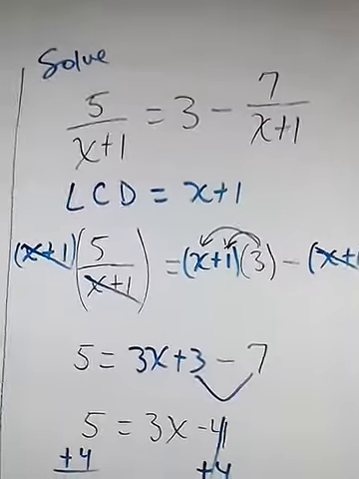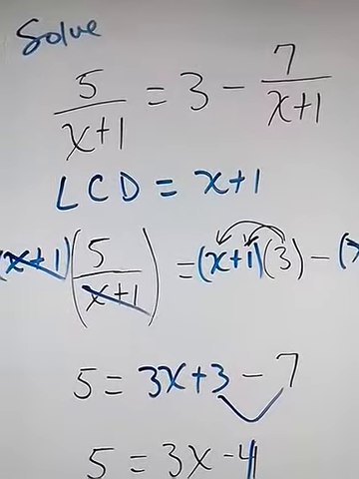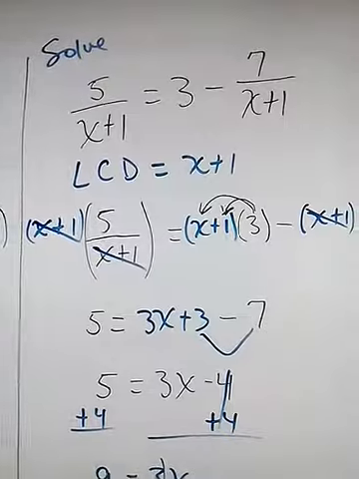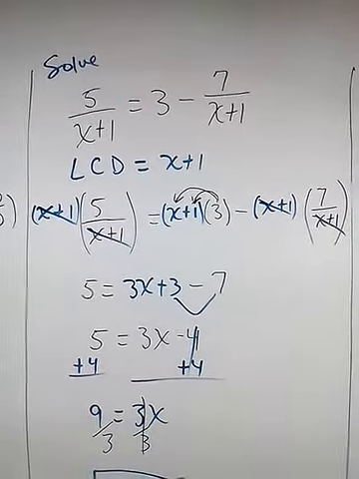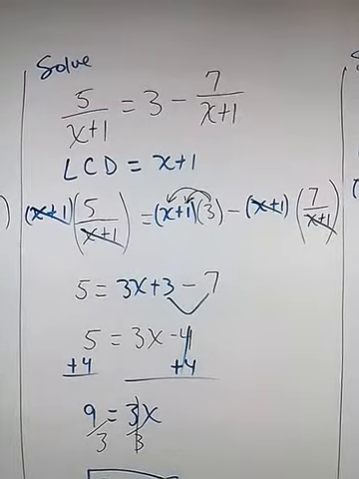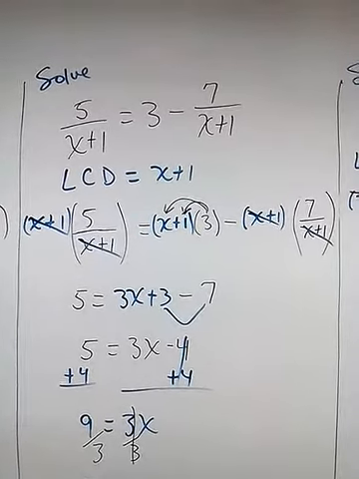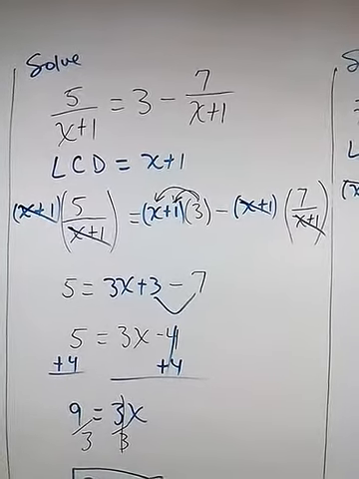By multiplying x plus 1 times 1, we get the LCD of x plus 1, which we take and multiply by each one of the terms. And when we do that, we can start our cancellation of the x plus 1 on the left side, and that leaves us with 5.